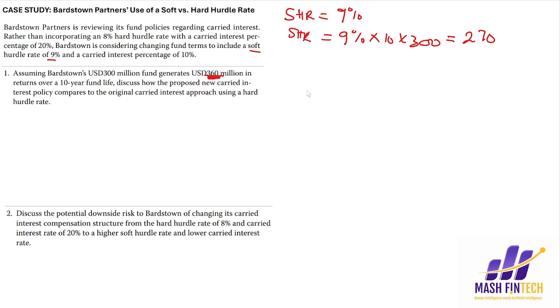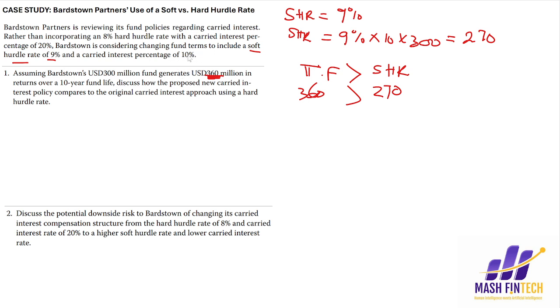You see, the profit for the fund has exceeded the soft hurdle rate because the profit is 360, the hurdle rate is 270. And now, if you are using the soft hurdle rate of 9%, the carried interest is simply going to be 10%.